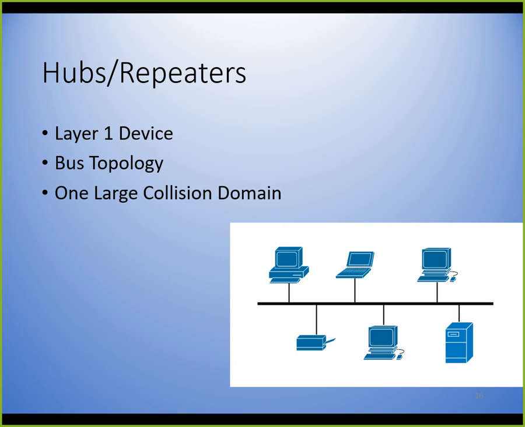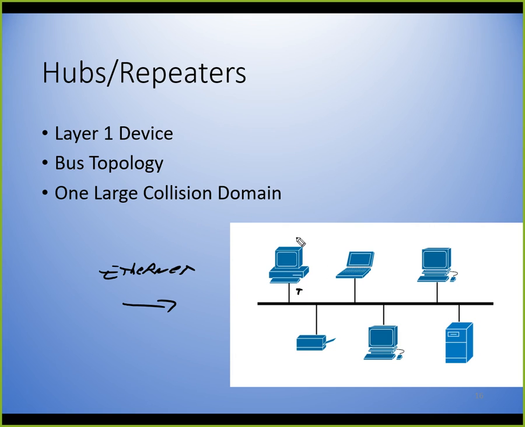Hubs and repeaters, and we kind of jump back and forth, are devices that exist at layer 1. This is a true Ethernet, which has all of these devices connected to a piece of cable, literally a piece of coax, and it uses T-connectors to connect these together.